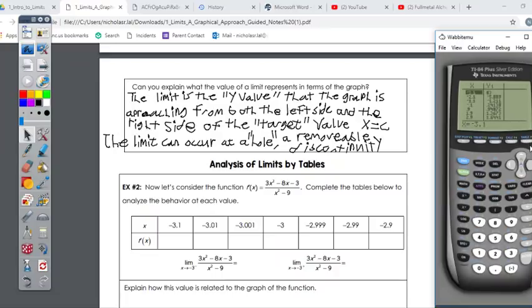Here we go. So at negative 3.1, we'll have 83. At negative 3.01, you will have 803.